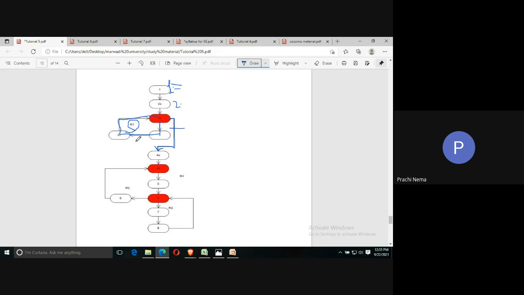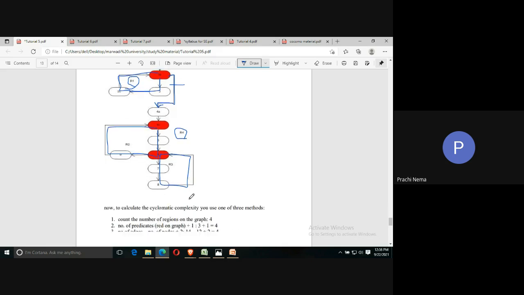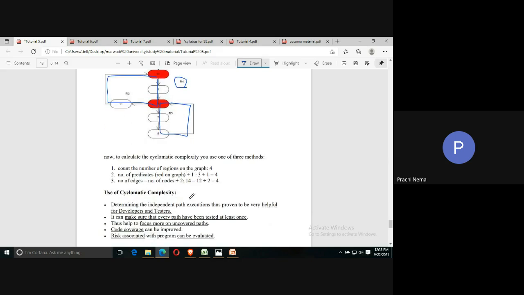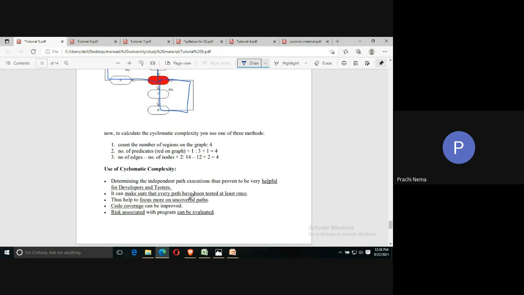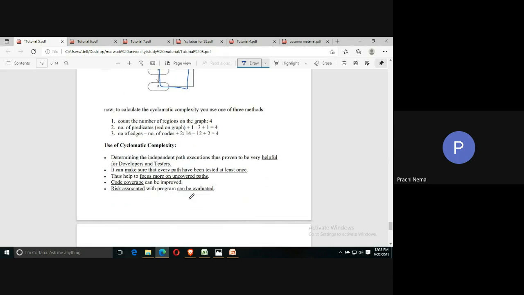It will be considered in this generalized complete space. Then here it is forming a closed space, so this is your second region. Similarly, the third region in this control flow graph is this one, and the rest of all is the fourth region. So here the number of regions came out to be 4. You can put this value in the formula and get your cyclomatic complexity. So this is all about your tutorial number 5.